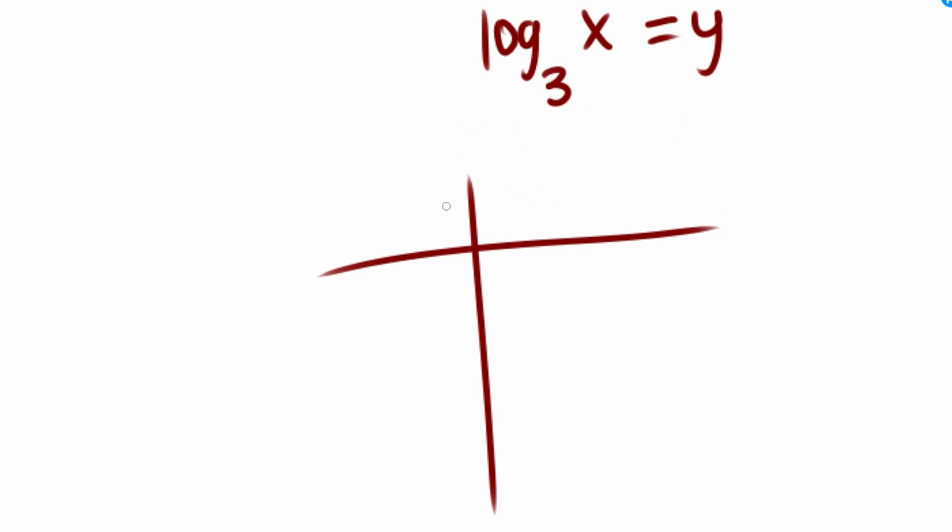So if we have something like log base 3 of x equals y, we know that our first points, as we covered in our last video, are always going to be, if we have 1, our exponent is going to be 0. And if we have 3, our base, in this case, our y is going to be 1.